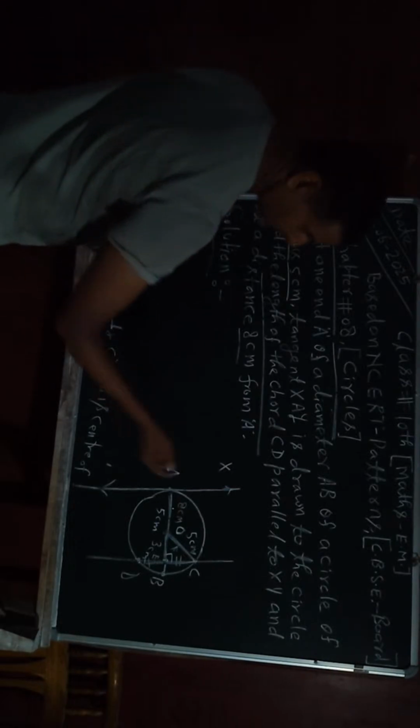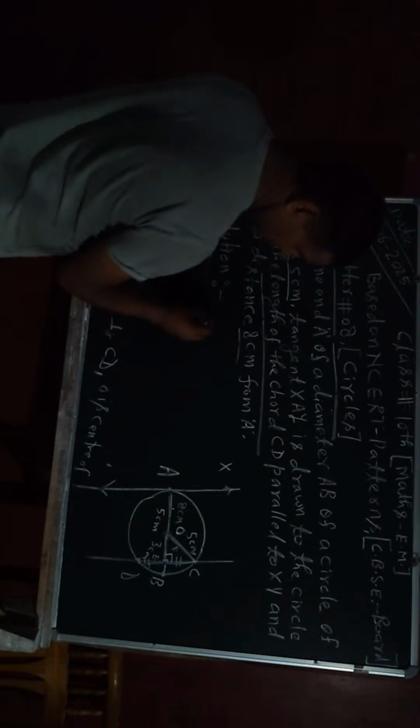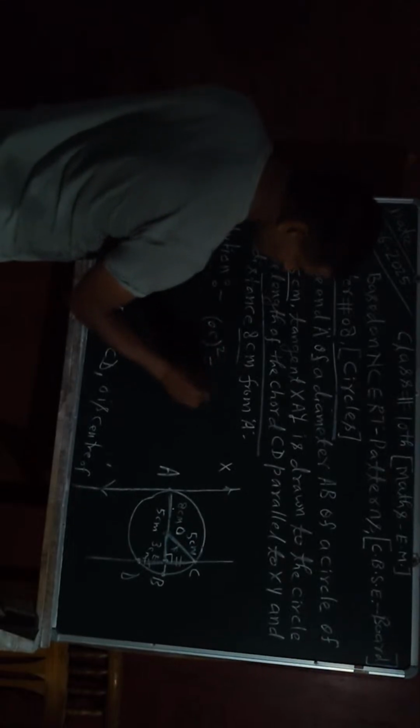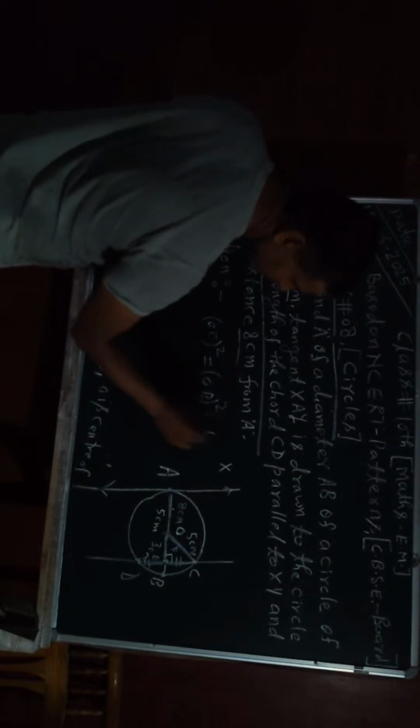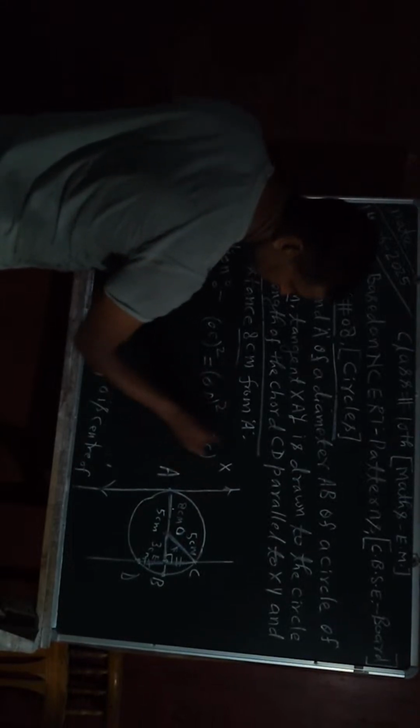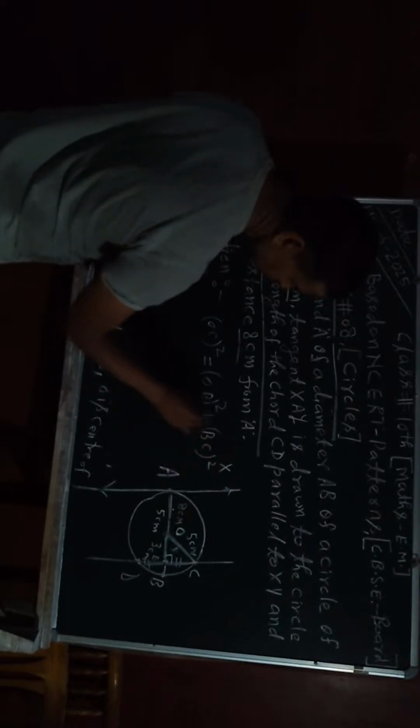So I am going to erase the above information, and after erasing, I will use this concept, and then I will find the length CD. So by using the Pythagoras theorem, I will say OC square is equal to OB square plus BC square.